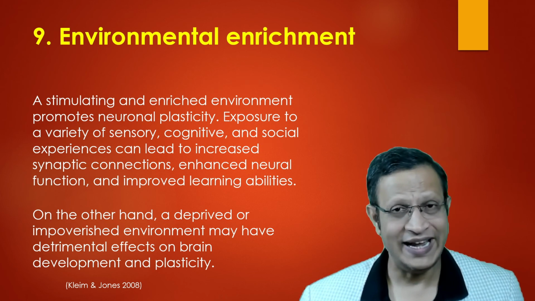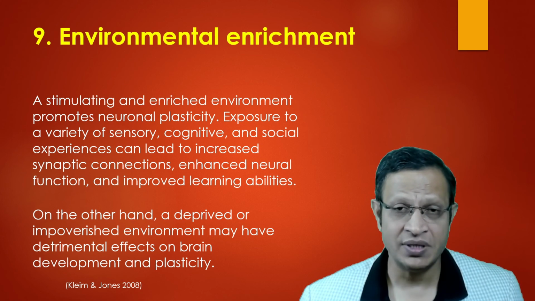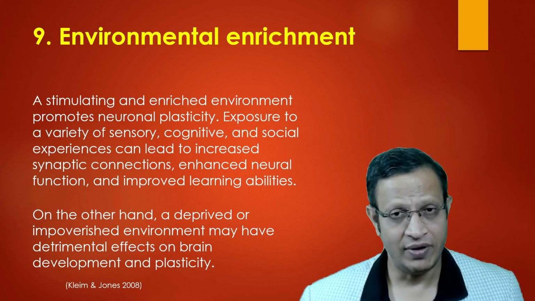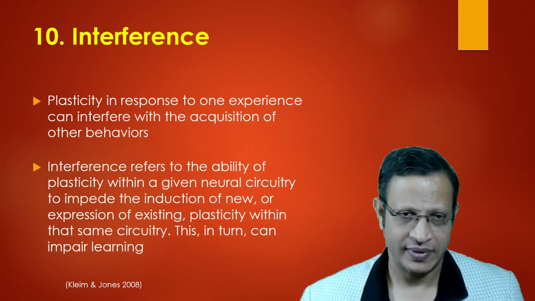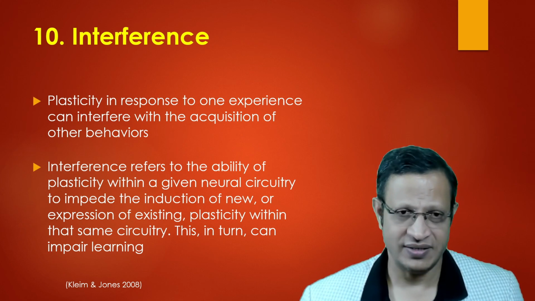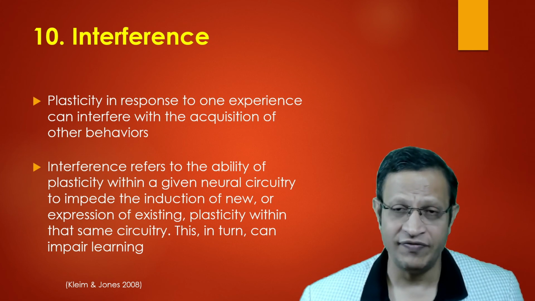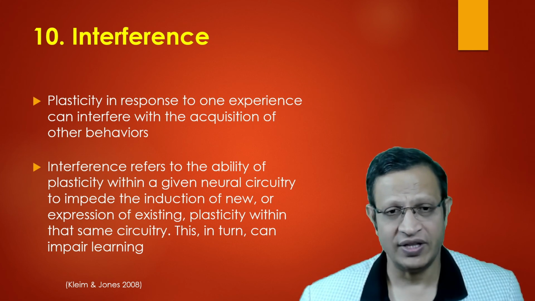On the other hand, a deprived or impoverished environment may have a detrimental effect on the brain, development, and plasticity. And finally, the 10th, my dear friends, interference. Plasticity in response to one experience can interfere with the acquisition of other behavior.